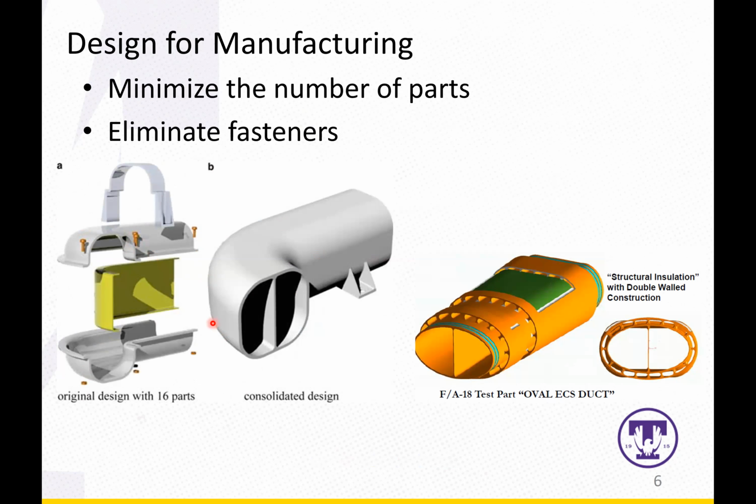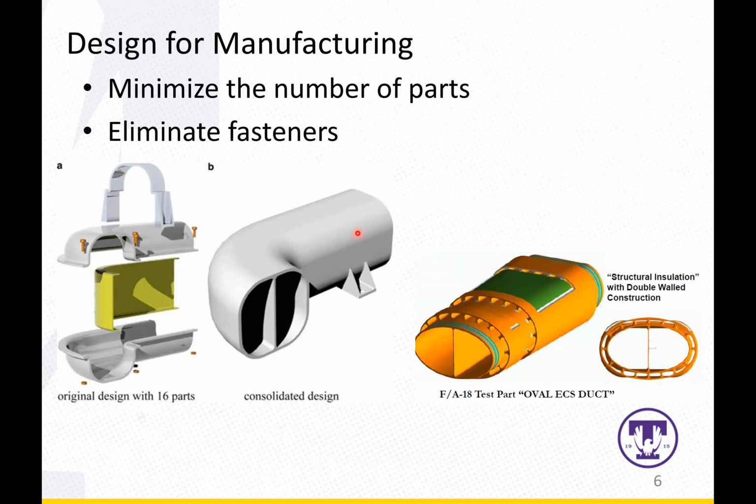As you can see, it consists of multiple parts, and it requires screws, maybe glue, to assemble all the parts together. That is because that's the only way it can be manufactured using a certain manufacturing process.